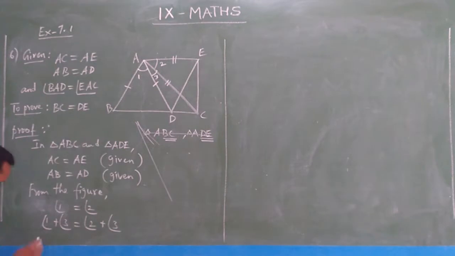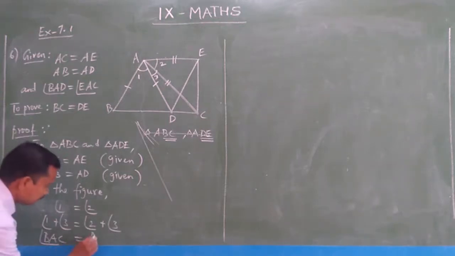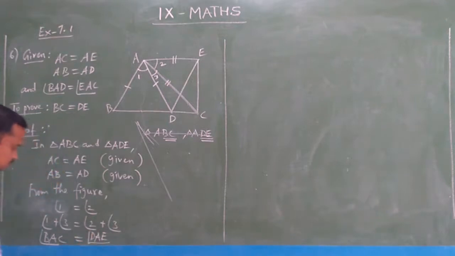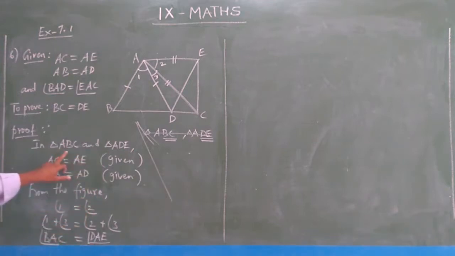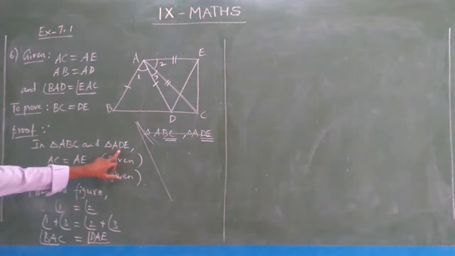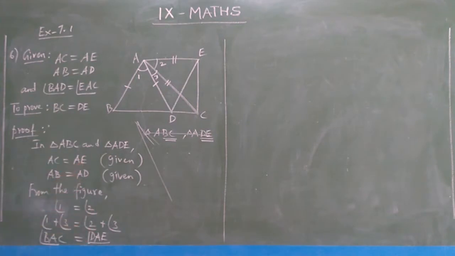BAC is equal to 2 plus 3, which means DAE. Look here, BAC is equal to DAE. Now we got it. Angle BAC is in this triangle, and angle DAE is in this triangle. So one pair of angles is equal.